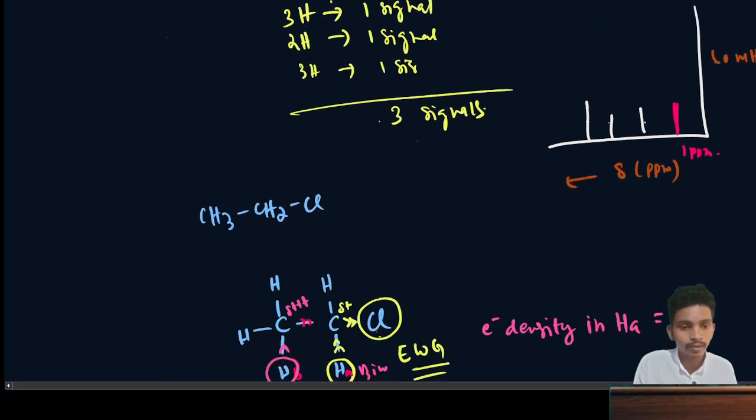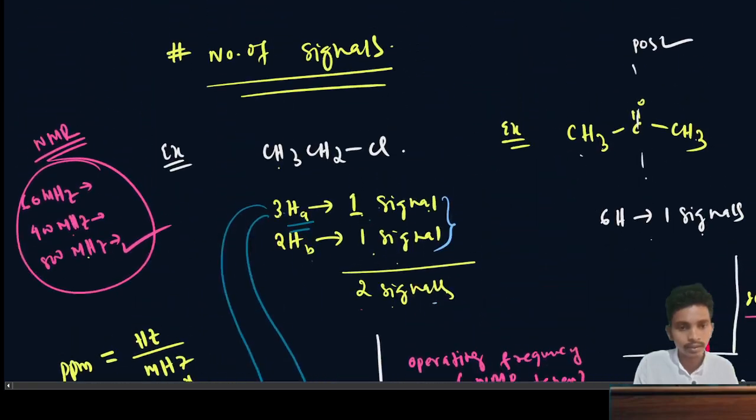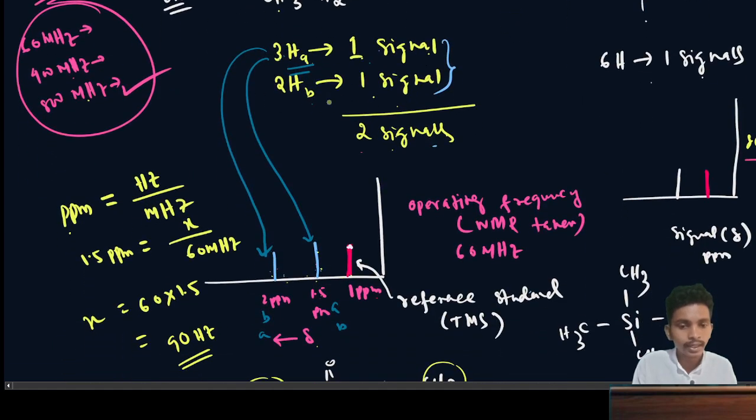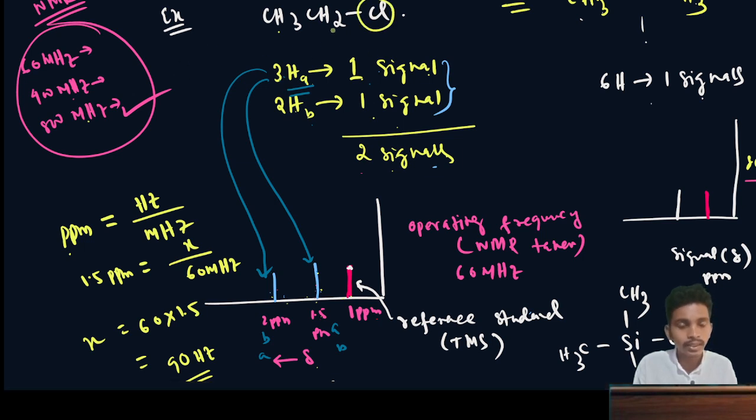So high chemical shift value means here we have two signals, and this 2H is near the electron withdrawing group, so it will be deshielded, meaning high chemical shift value. So if it is B, this one is high, so this will be the Hb protons, and this will be shielded, so this will give the low chemical shift value, so this will be the HA.